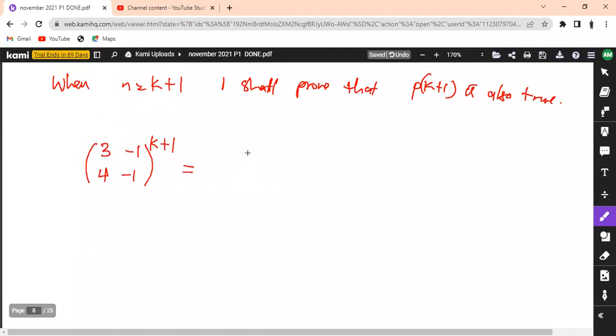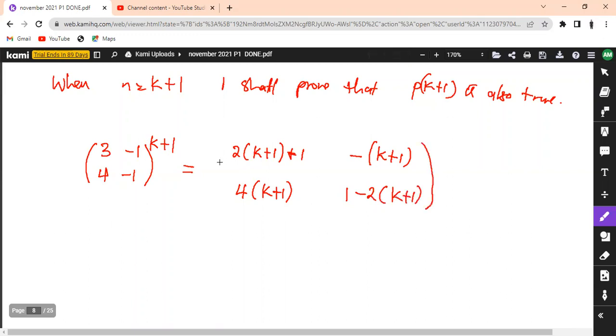So here it is going to give us 2 into k plus 1, and we had a plus 1. The other one was minus n, so it is going to be minus k plus 1. The other one was 4n, so it's going to be 4 into k plus 1, and the other one was 1 minus 2k, so it's going to be 1 minus 2 into k plus 1.